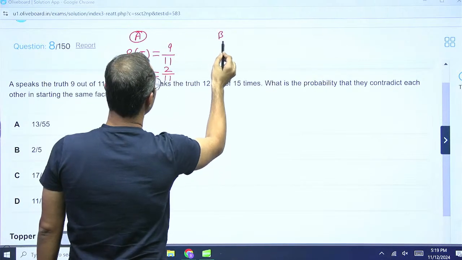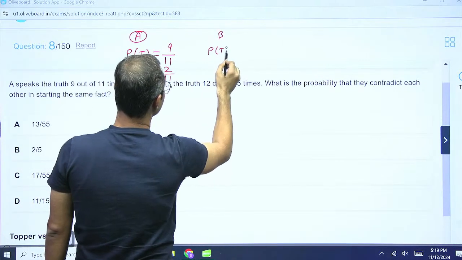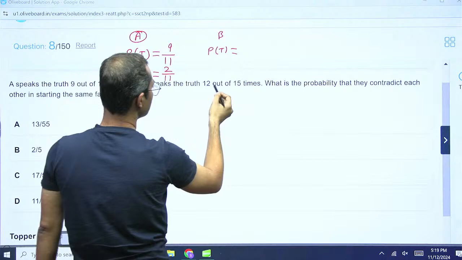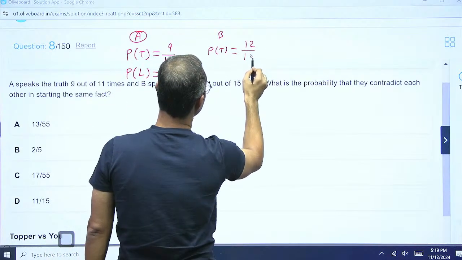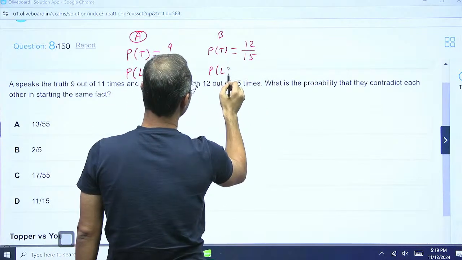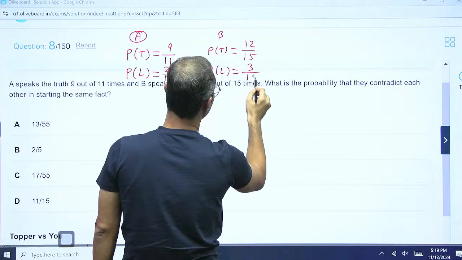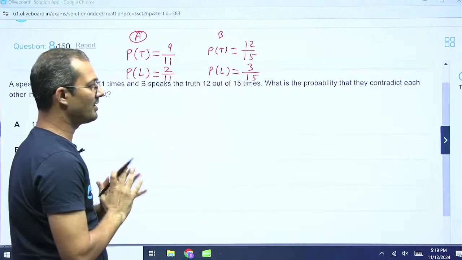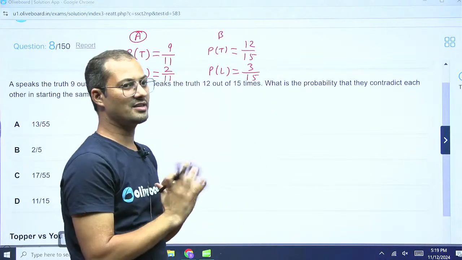And for B, the probability of telling the truth is 12 out of 15, right? So the probability for telling a lie is 3 by 15. Is this clear? What is the probability that they contradict each other?